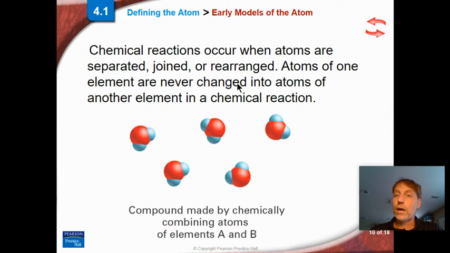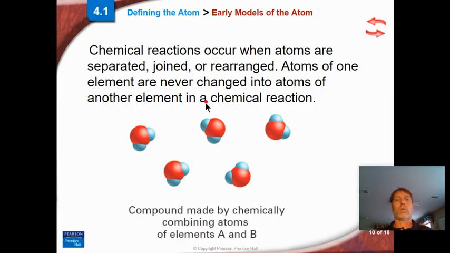Now, the idea of bonds wasn't around just yet, so we'll say bonds now, but he wasn't talking about bonds, that they're kept together and never changed from one element into another element. So that was the main thing that came about going from Democritus to Dalton, that atoms were understandable to the point that they were individual and separate from one another.